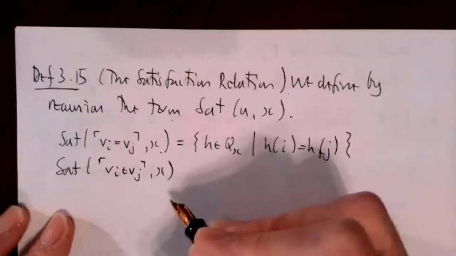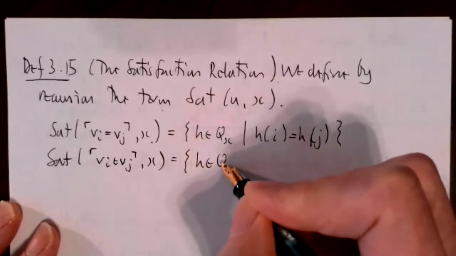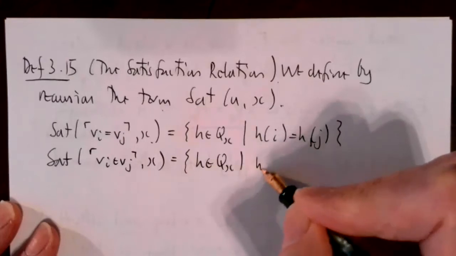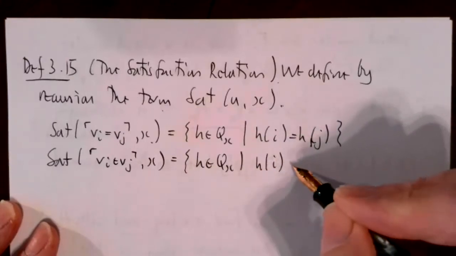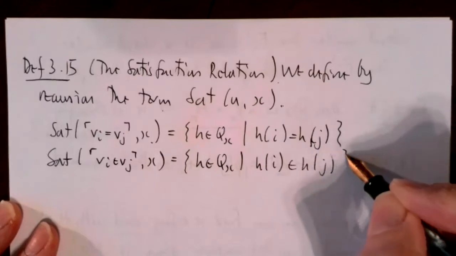This epsilon statement will be true as long as the function Qx, whatever it assigns to Vi, will be a member of what's assigned to Vj.